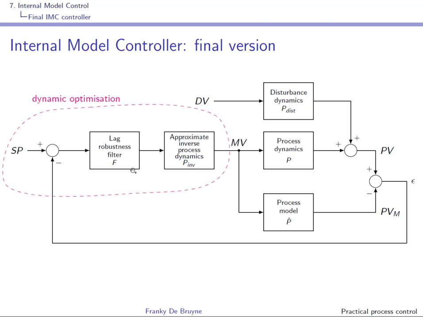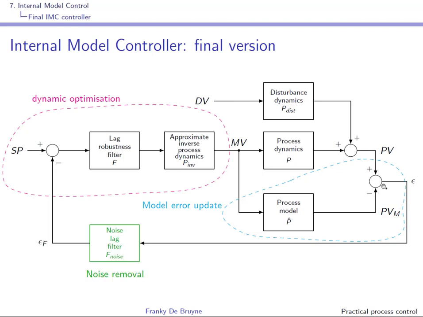So this is really this dynamic optimization, and this is the construction of the model error. And we had said that in some cases it's necessary to filter epsilon because there is noise on PV and therefore also noise on epsilon.